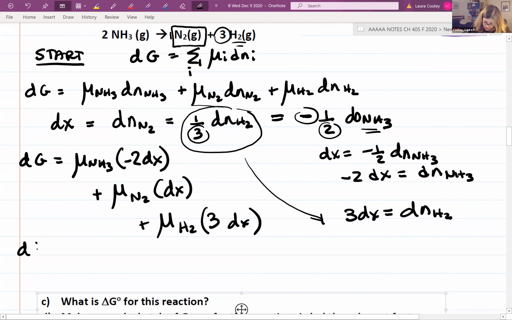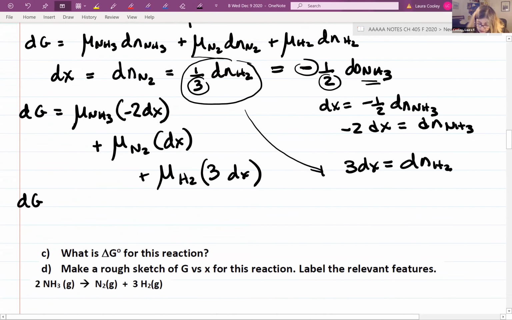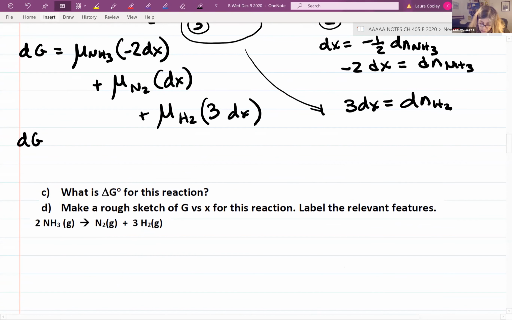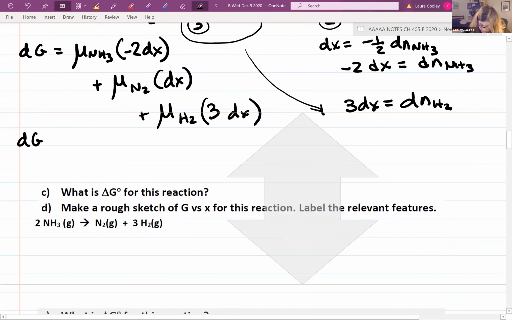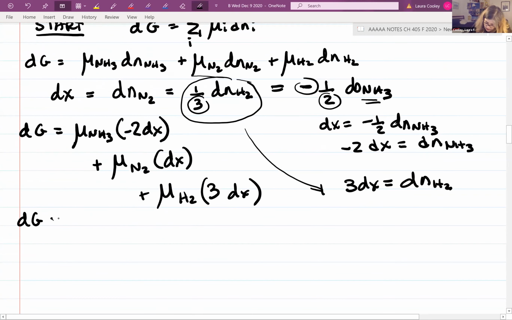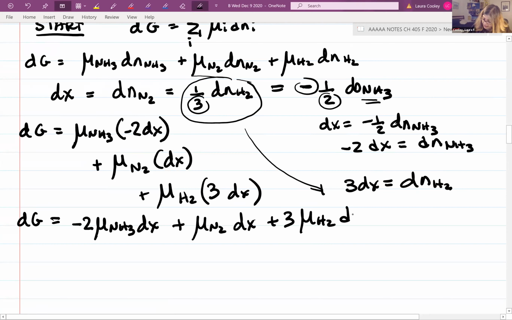So we have that dG. Boy, I didn't think it was going to take up much room, did I? Didn't leave much space. dG is minus 2 mu NH3 dx plus mu N2 dx plus 3 mu H2 dx. And these dx's, they're going to go to the other side, and I'll put the positives minus the negatives.